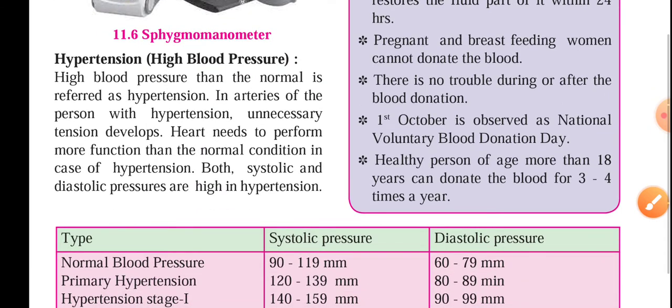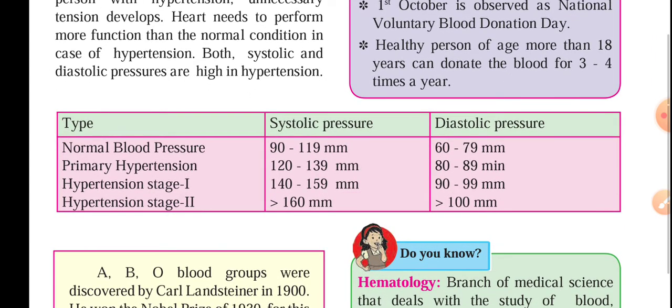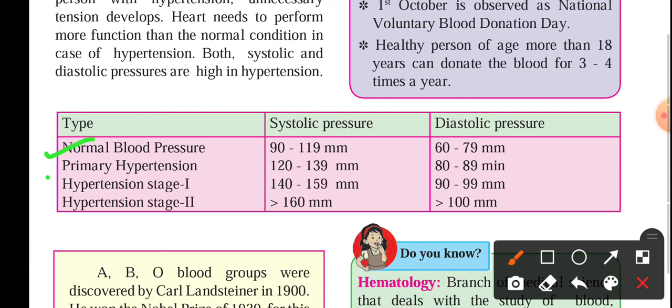Now if a person does not have 120 by 80 and it is above that, then it is noted as hypertension, or high blood pressure. Further, you can see here they have given normal blood pressure, primary hypertension, hypertension stage 1 and hypertension stage 2.